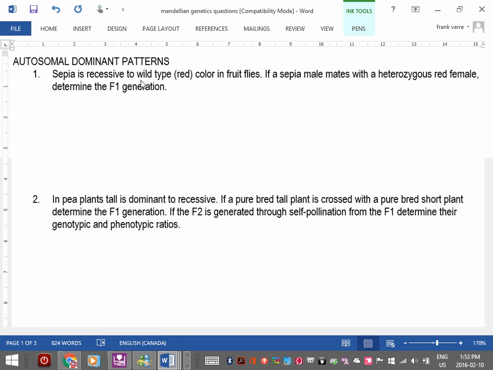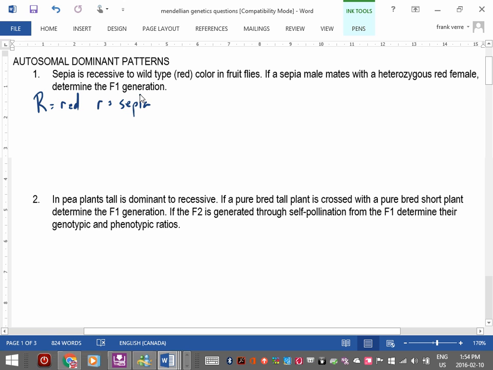We have sepia is recessive to wild. Wild is red. So we're going to make red dominant because it says sepia is recessive, which means the other one has to be what? Dominant. So we're going to say capital R is red, and we'll make little r sepia. Sepia is brown eye color. Okay?